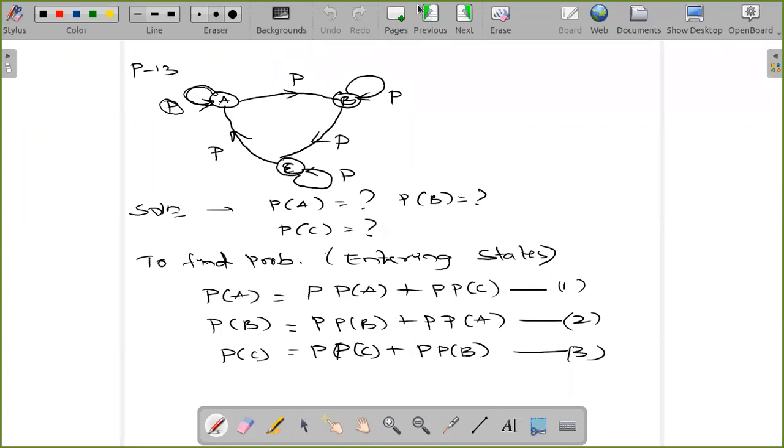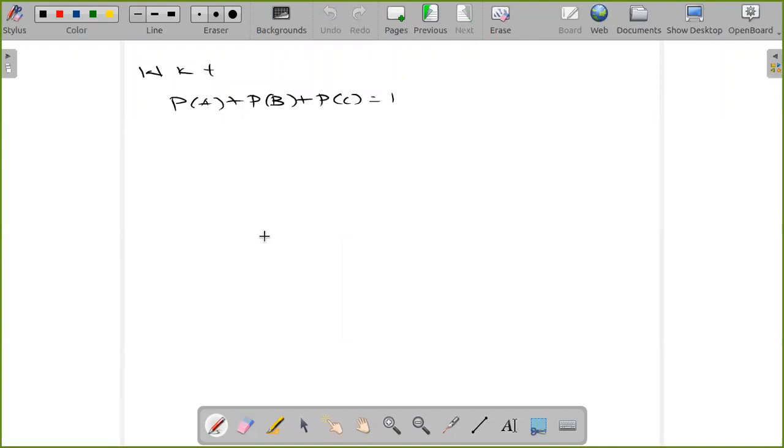First I'll take equation number 1, so equation 1 can be written as P of A minus P into P of A equal to P into P of C, right?